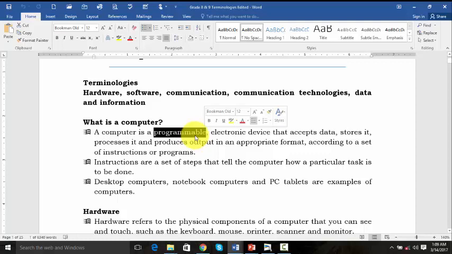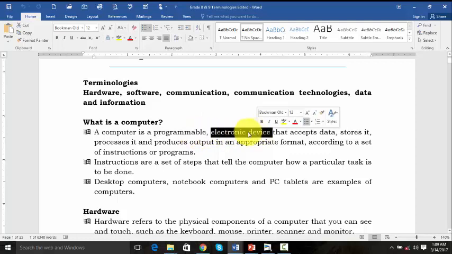That is why it is called programmable. Now, the word electronic comes from the word electricity. If we are teaching young ones, we use the word machine. In computer studies at junior level, we use the word device. So, an electronic device is a machine which uses electricity for it to operate.